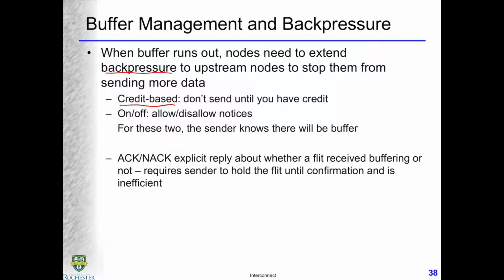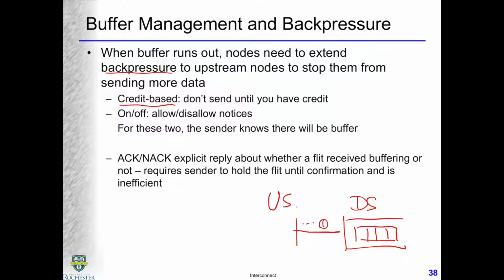So this is the downstream neighbor, and this is upstream. I am going to send you packets, and let's say you have 4 buffers. So I will send you 1, 2, 3, 4, and you have 1, 2, 3, 4 buffered. I used up my credit. My credit goes from 4 down to 0, and I will not send you any more.